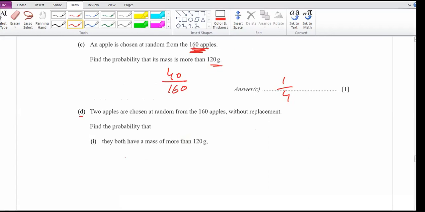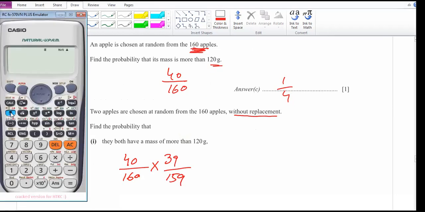It means if you choose the first apple, the probability will be 40 over 160. But now you are not replacing, so multiply, and for the second one, the remaining will be 39 out of 159. That we learn in probability, if you remember.